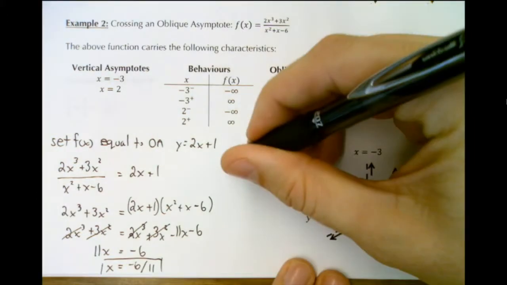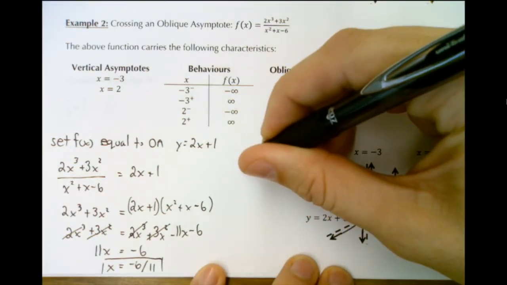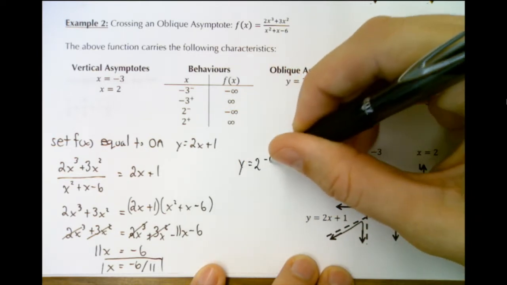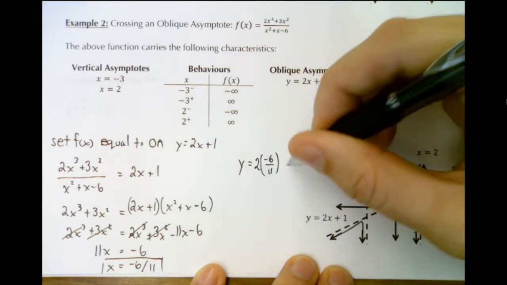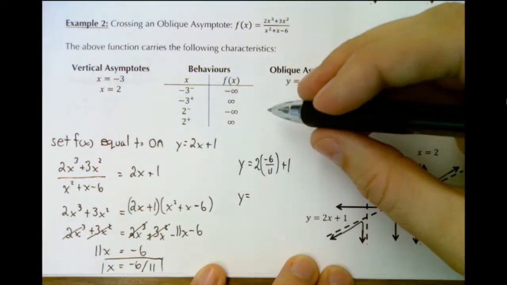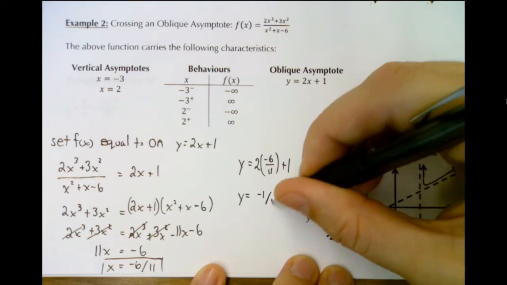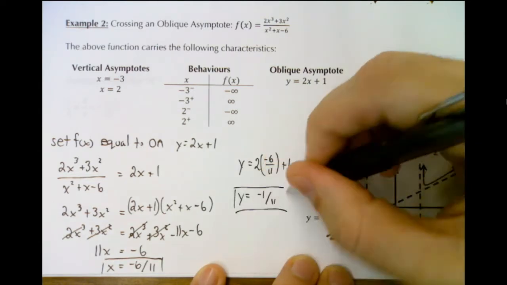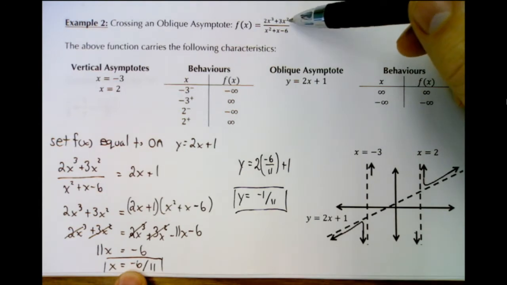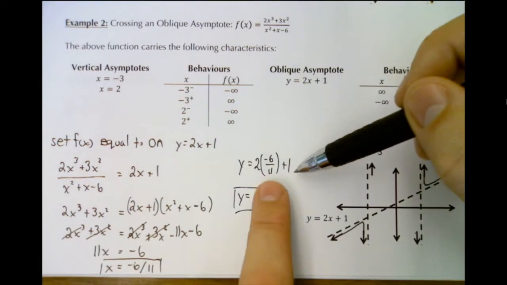If we take the equation of our line, or our oblique asymptote, and plug in negative 6 over 11, we will find the y value for where it crosses, which is negative 1 over 11. You could plug this into the original function's equation, but that's much more complicated than the equation of the line.